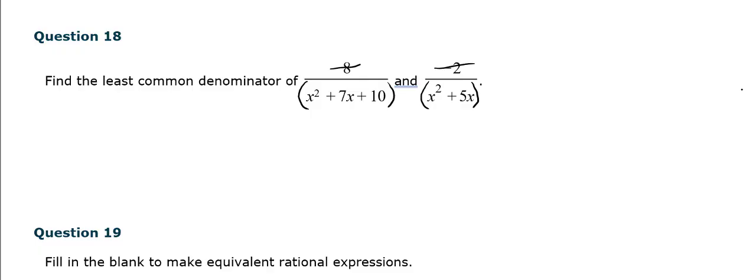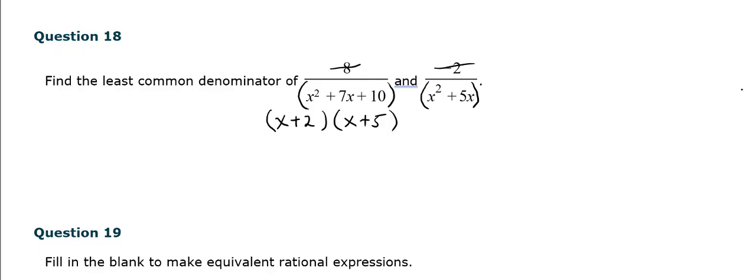So x squared plus 7x plus 10, I can use my shortcut of factoring since my leading coefficient is 1. And the factors of 10 that add to a positive 7 are positive 2 and positive 5. Order does not make a difference.